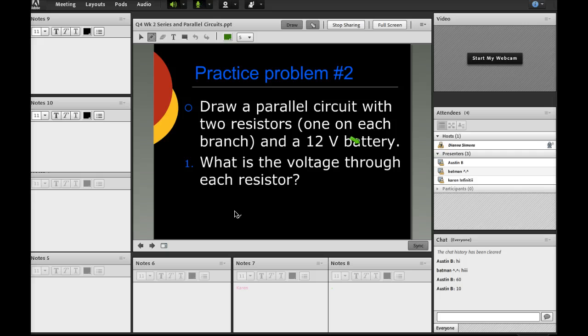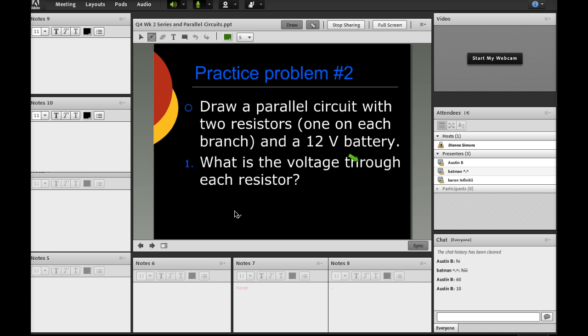In parallel, the voltage is the same across each resistor. So if you start out with 12 volts, it's 12 volts, it's 12 volts. It's 12 volts across each resistor.